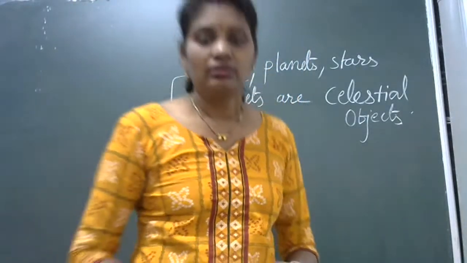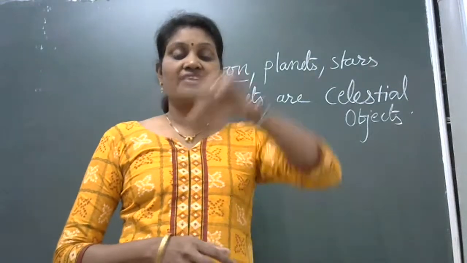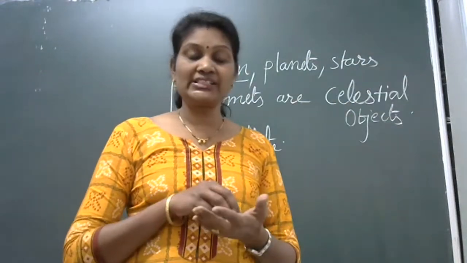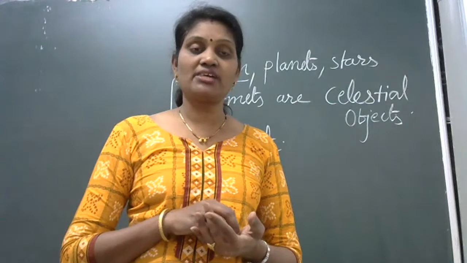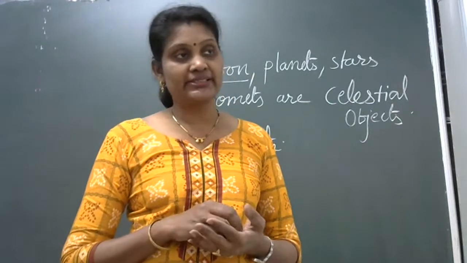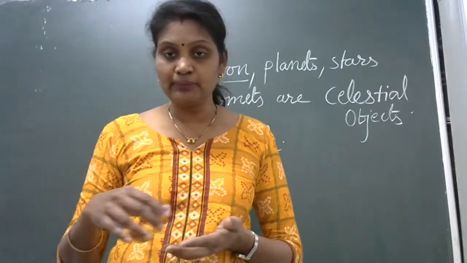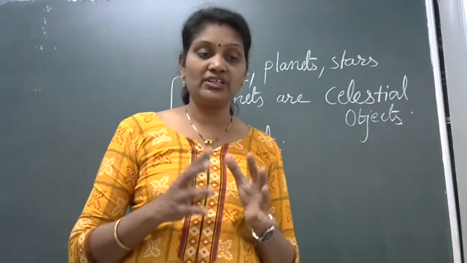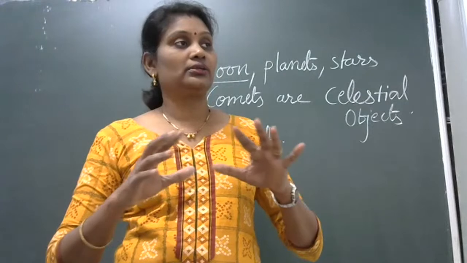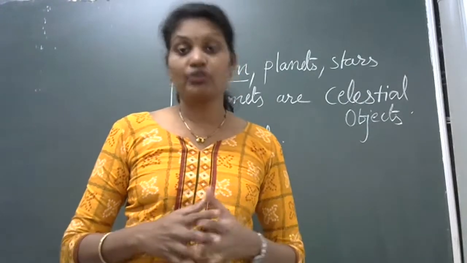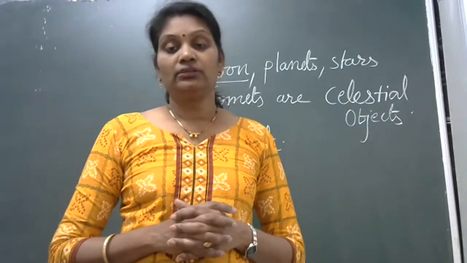So these planets, they are revolving around the sun. What is the speciality about the planets? Planets, they are revolving around the sun. They are having their own gravity, force of gravity.